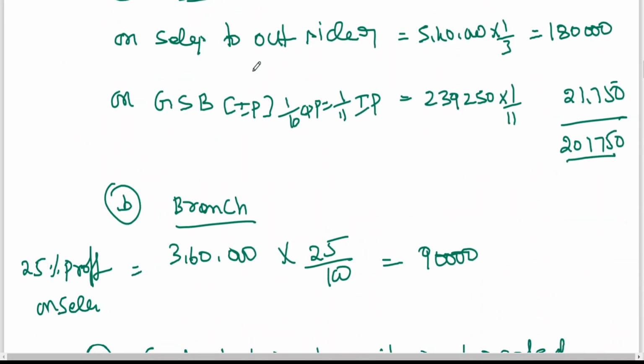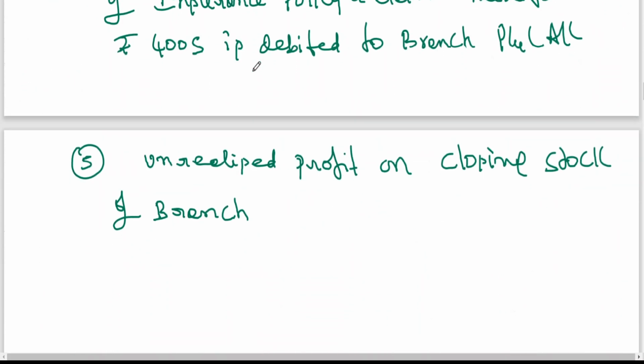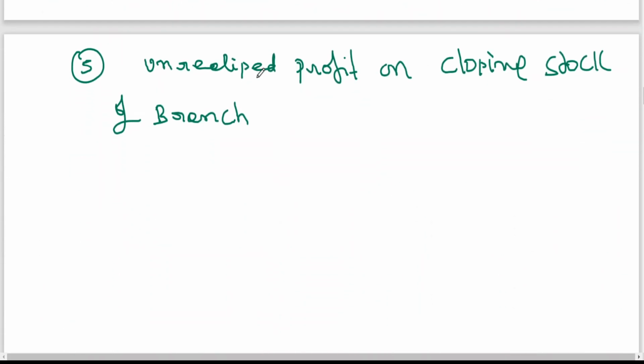Okay. So what I am trying to tell you is that unrealized profit on closing stock of branch is equal to 57,750 into 1 by 11. It is coming to 5,250.